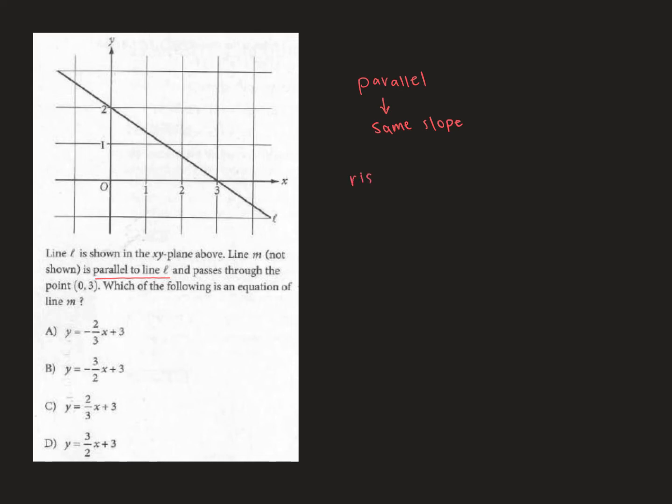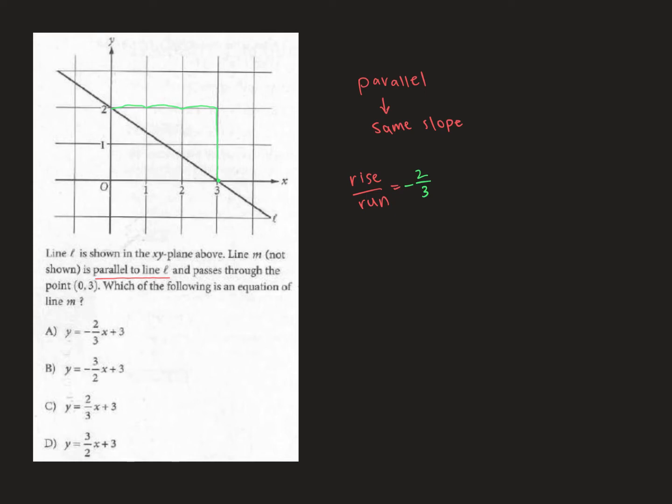Starting from this point, we're rising 2, and then we're running 3. So rise is 2 and run is 3, and this is going in the negative direction, so it's minus.